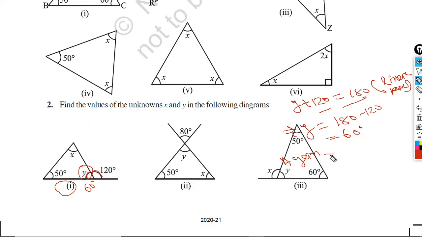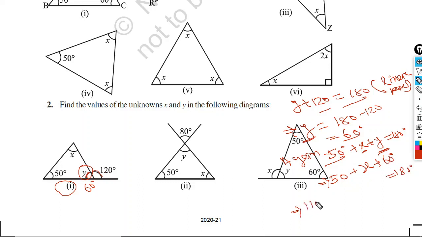Again you can write, so 50 degree plus x plus y equal to 180, implies 50, x you don't know, please write x, plus y, the value of y you know, y equal to 60, so in place of y we will write 60 is equal to 180, implies 50 plus 60 is your 110, 110 plus x equal to 180, implies x equal to, now transpose this 110 to RHS, 180 minus 110, which will be equal to 70 degree.